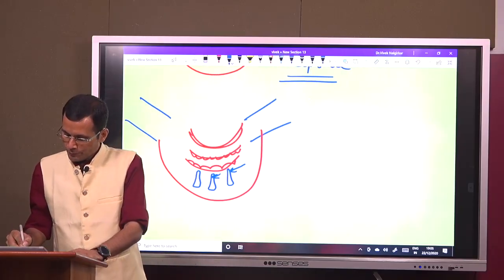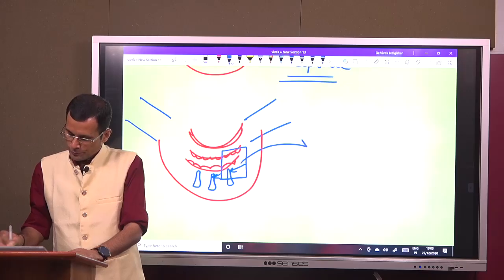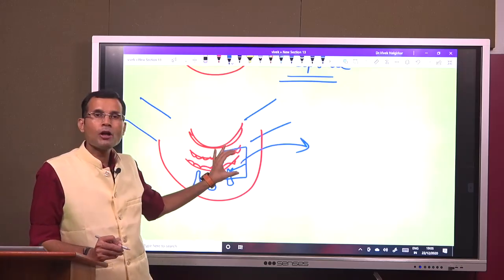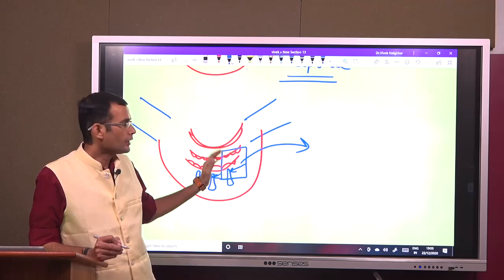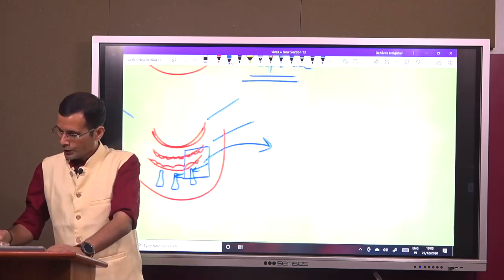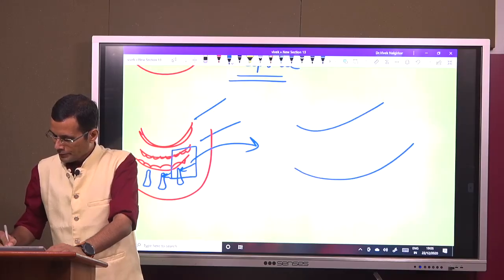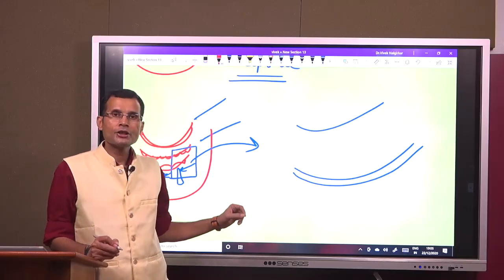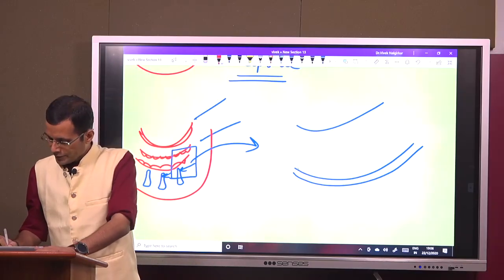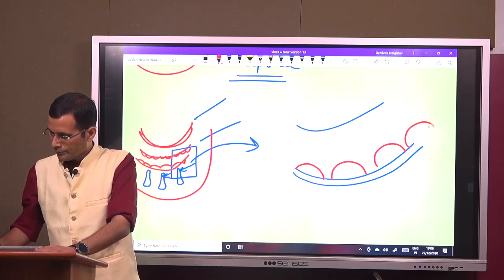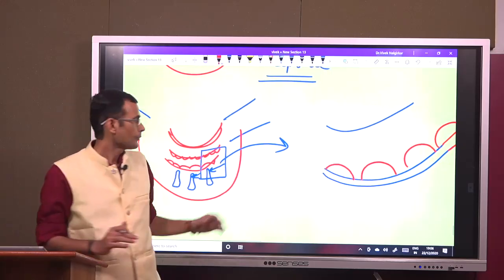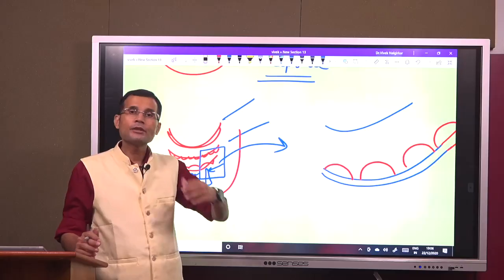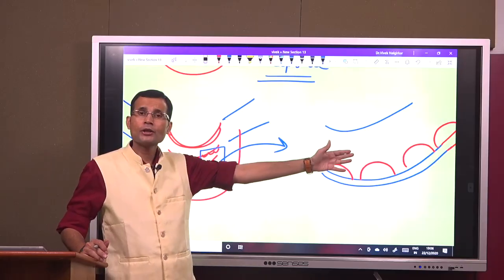Therefore, let's make this part enlarged. Just a small part of the glomerular capillary and outside will be enlarged. Here is a capillary. First part of the filtration barrier is the endothelial lining of these capillaries. As you can see, the blood vessels are lined with the endothelial cells. So, endothelial lining of the capillaries.